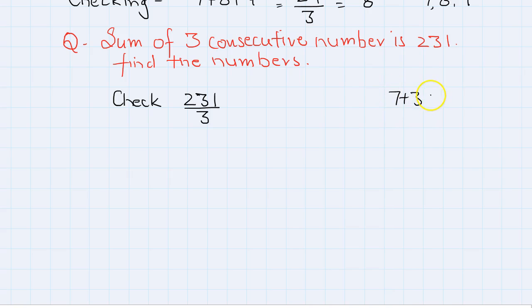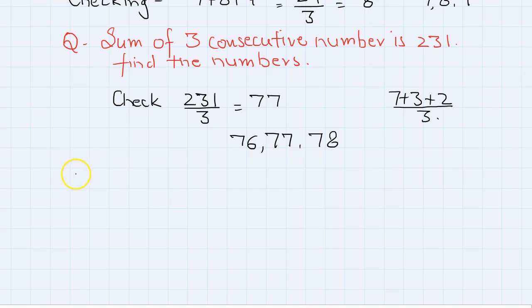The sum is 6, so this number is definitely divisible by 3. We get 3 times 7 is 21 and 3 times 7 is 21, so the middle number is 77, and the answer will be 76, 77 and 78. So these are the three consecutive numbers whose sum is 231.